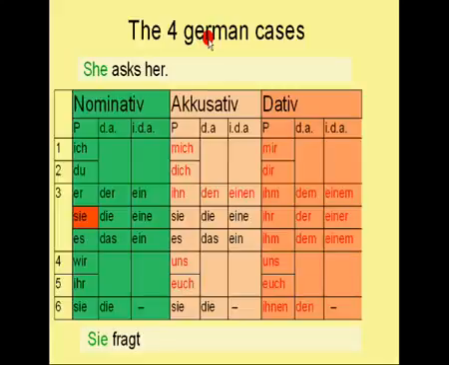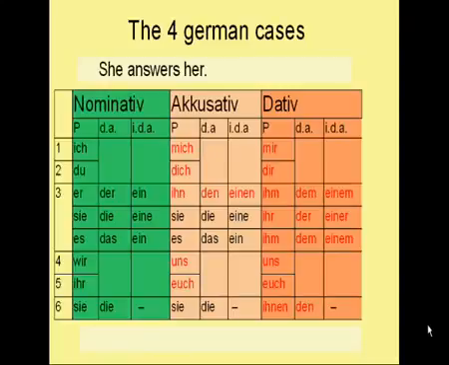Is it an indirect object or a direct object? Well, in the German language, after the verb fragen always follows a direct object. So let's see what are the pronouns for the direct object. They are here, they are the accusative pronouns. And which accusative pronoun stands for her? It is the pronoun sie, because her is feminine and in the third person singular. Therefore, the sentence is Sie fragt sie.